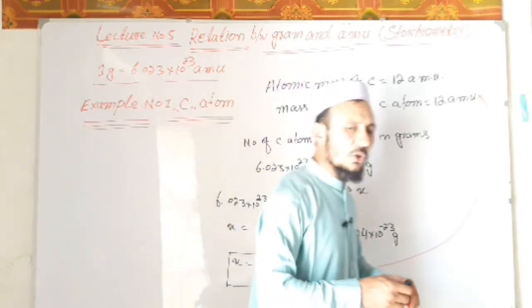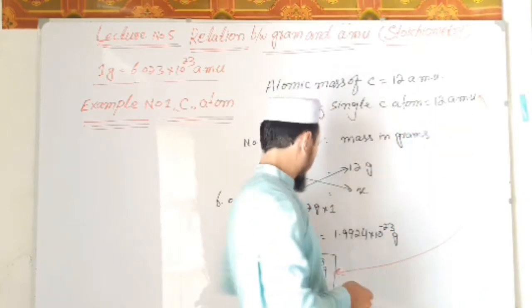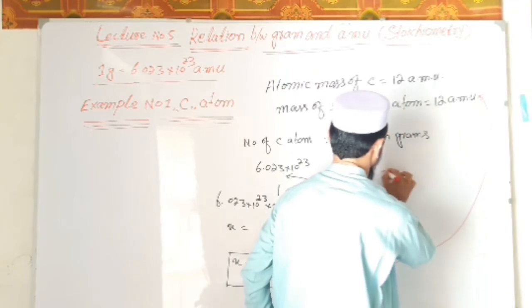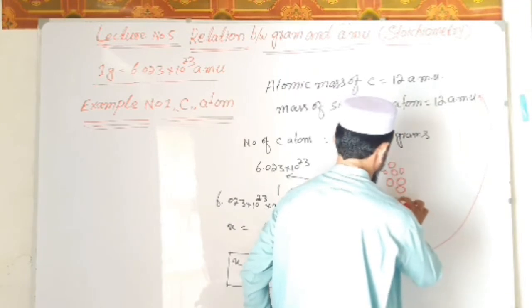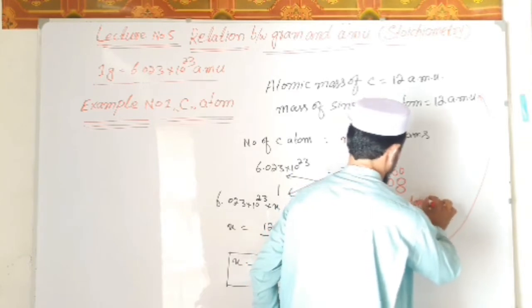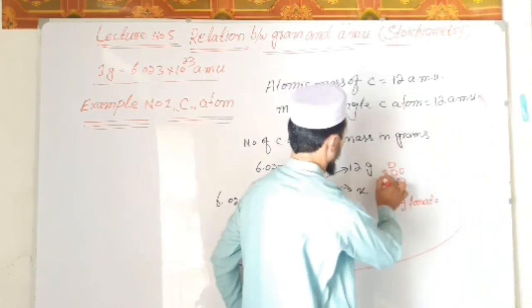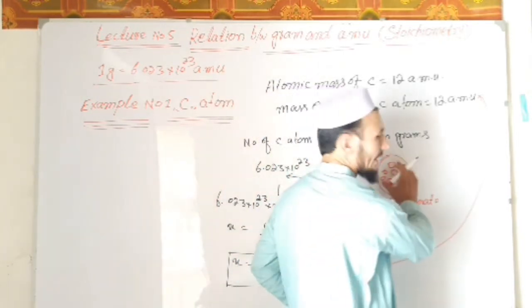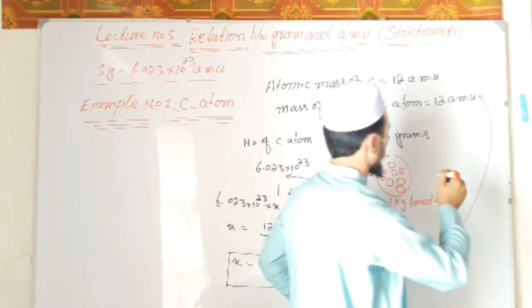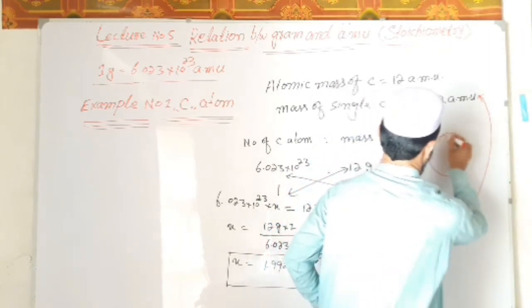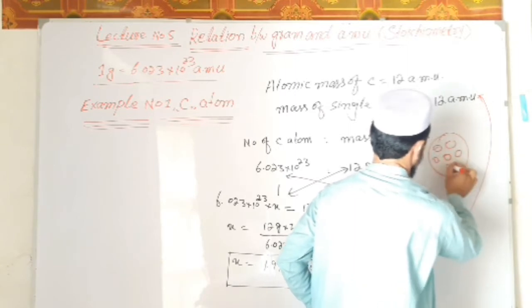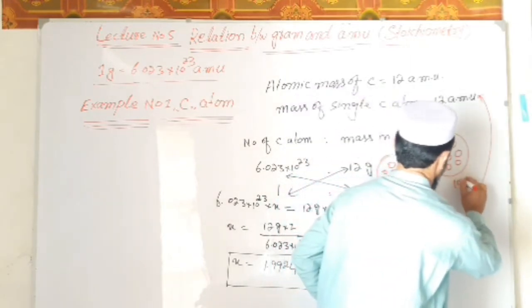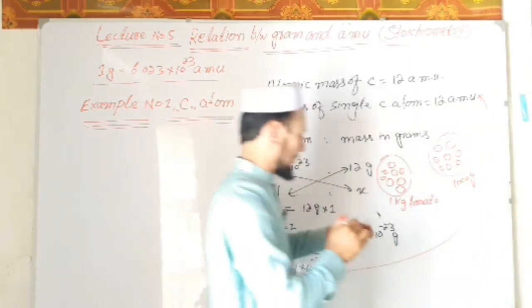Dear students, for your understanding, let us explain this relationship. For example, I have 1 kilogram of tomatoes. If these tomatoes are measured in gram, then it will be equal to 1000 gram.